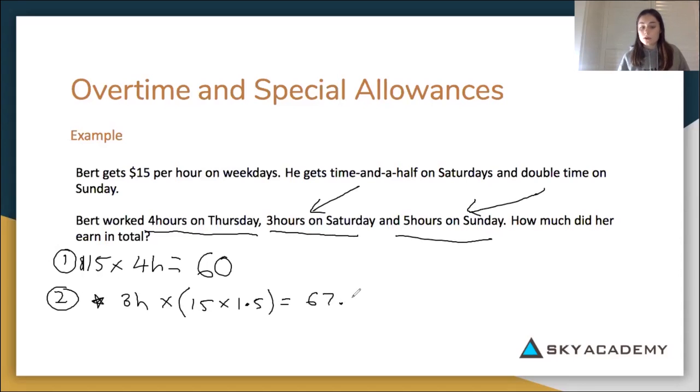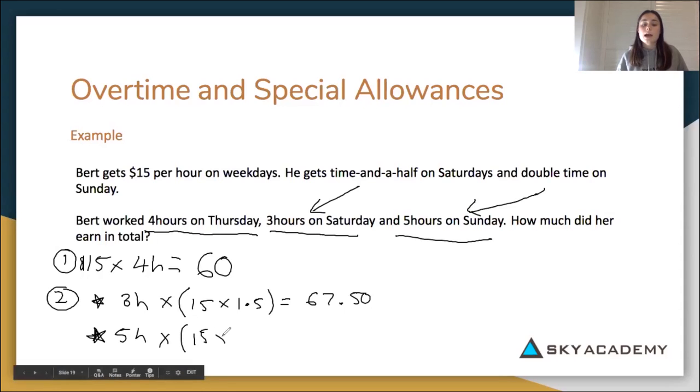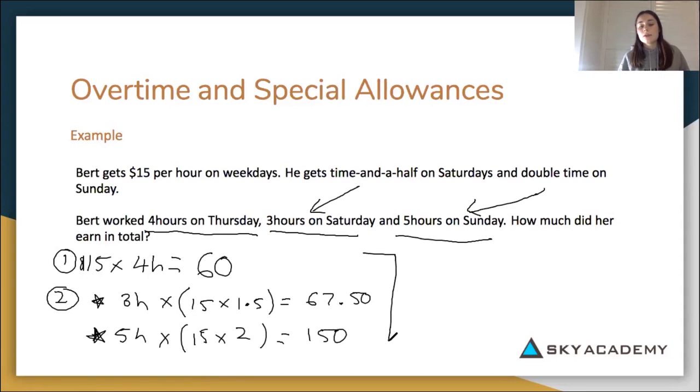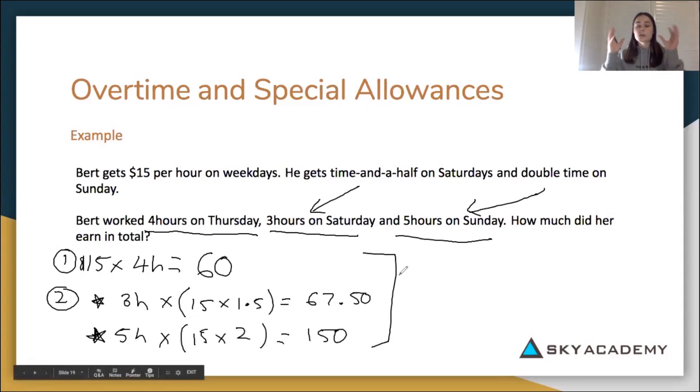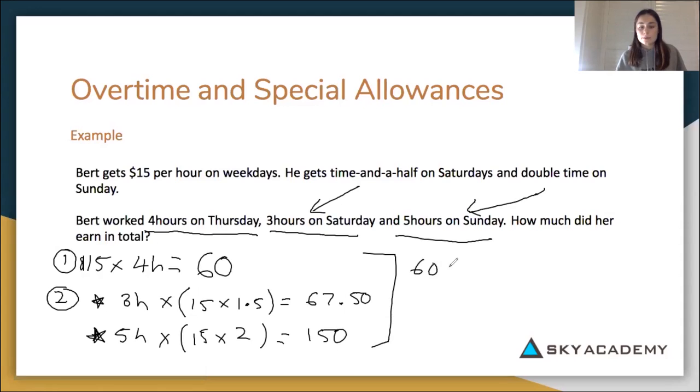Then finally, my last step will be the 5 hours times my normal pay rate, which is $15, times 2 for double time, which will give me an answer of 150. Now if I add those all together, it will give me the total earnings for that week. So it'll be 60 plus 67.5 plus 150. It's going to equal $277.50.